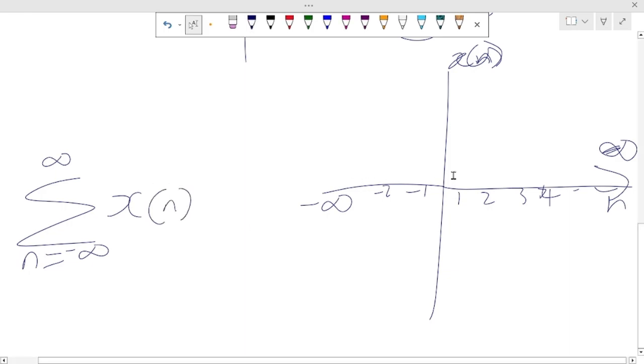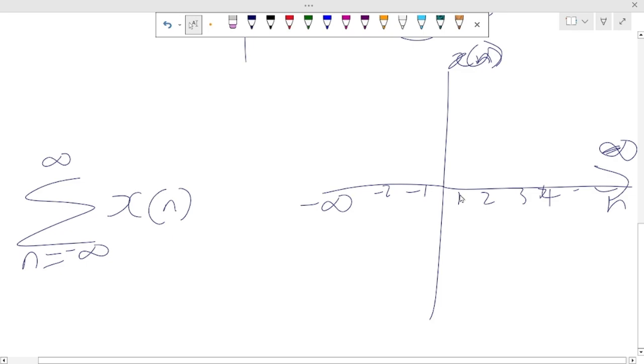Now, one more thing to add. Each value here, x of n when n is 1, then x of n when n is 2, and so on. The time when n is 1 and the time it takes for n to get to 2, there is a delay.